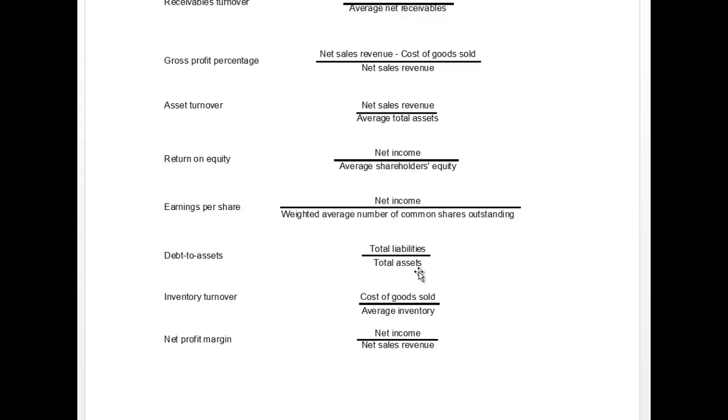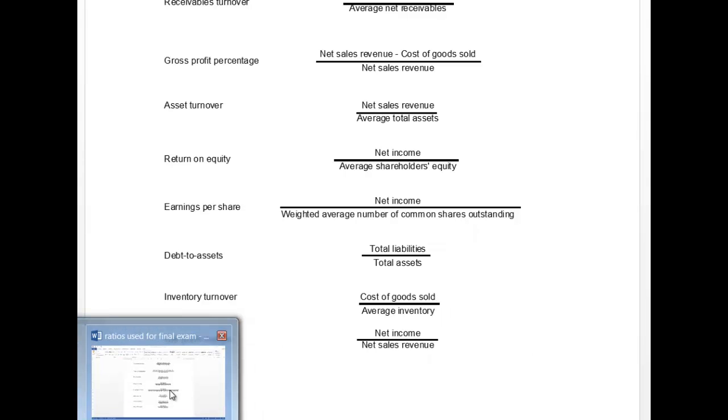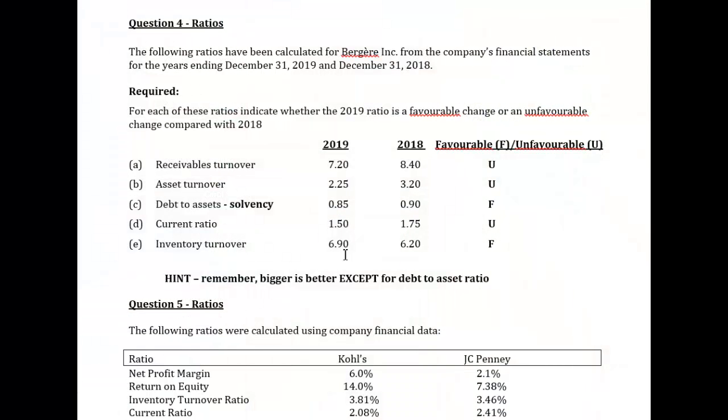So this ratio was 90%. If it's greater than 1, it's not so good, right? But the smaller it is, the better, and it's less than 1. So for every $10 in total assets, we had $9 in liabilities. So if it's below 1, the smaller the better, that's okay. That's not bad. But is it an improvement?